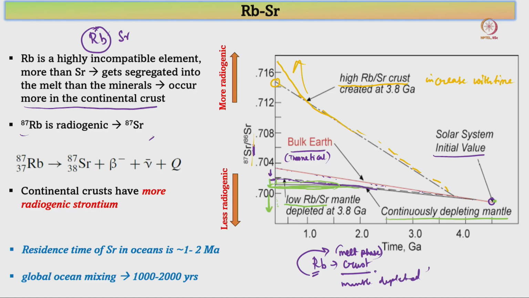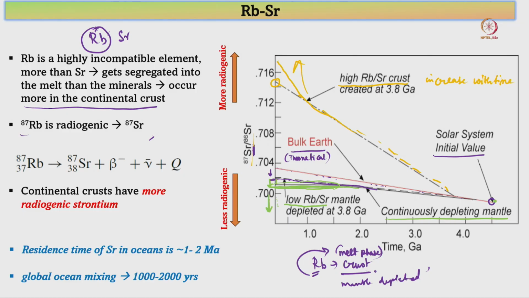Why? Because as the crust is evolving, and more mantle melt is getting incorporated in the crust, more and more rubidium is coming into the earth's crust. Okay. So, we are having more accumulation of the radioactive parent on the earth's crust as compared to the mantle.